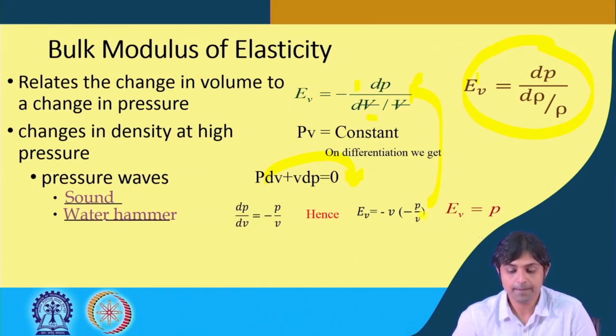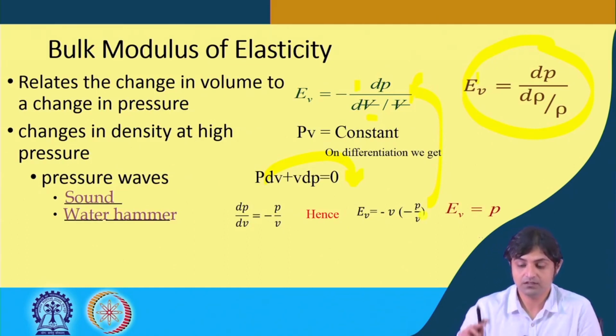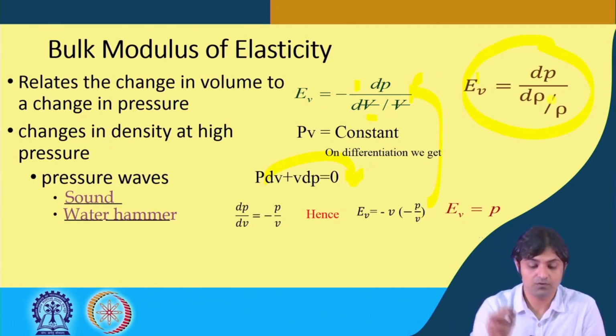We can also say that dP divided by dV by V can be written as dP by rho.